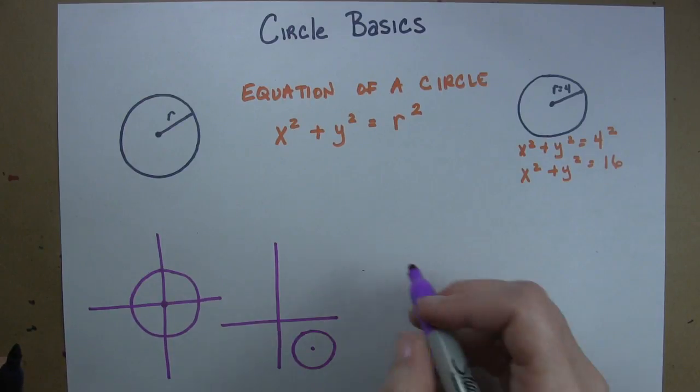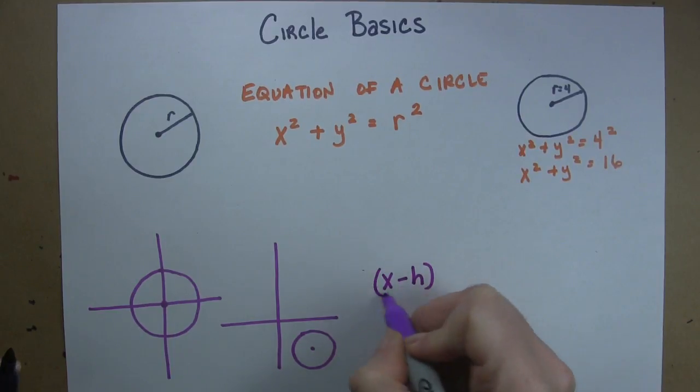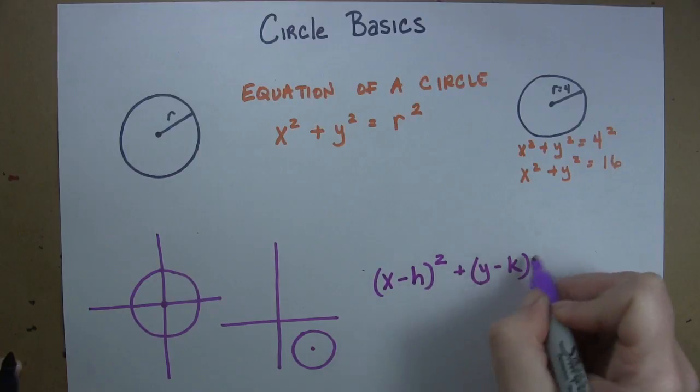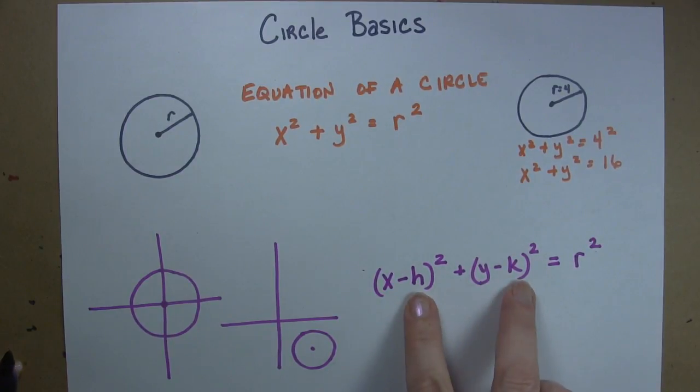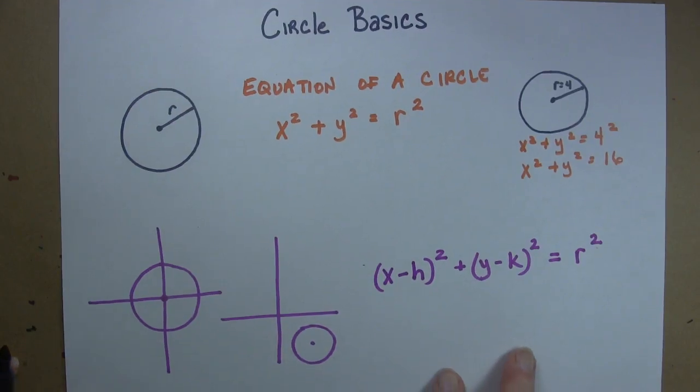So the fancy equation would be x minus h quantity squared plus y minus k quantity squared equals r squared. So again, we have that h and k slipping in there, which we only need if our circle is off the center of the graph.